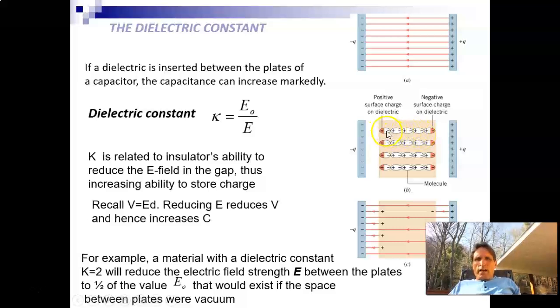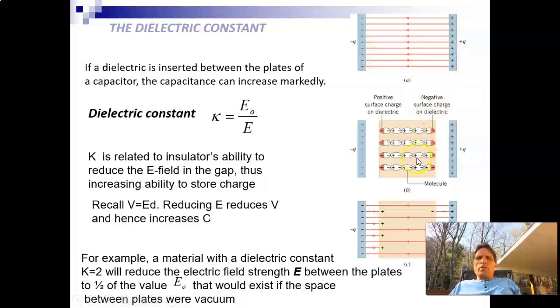And when we do that, you will create an electric field inside the insulator, right? So the electric field points from positive to negative, and so this induces an electric field inside the dielectric which points toward the right. And that field is in the opposite direction as the field due to the plates, and it cancels a little bit of it out, or in some cases cancels a lot out.